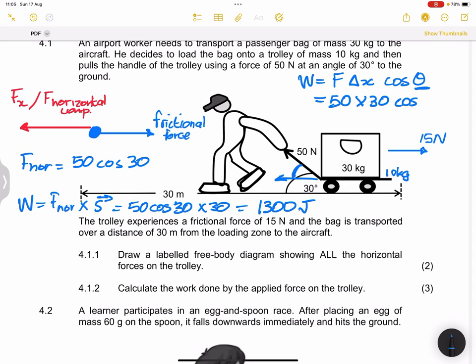The force that we have is the applied force, acting at 30 degrees to the horizontal. So that would be 50 multiplied by 30, cos of 30, and that would still give us 1,300. Look at me saying newtons again. Joules. Remember, work done is energy, and that would be in joules.